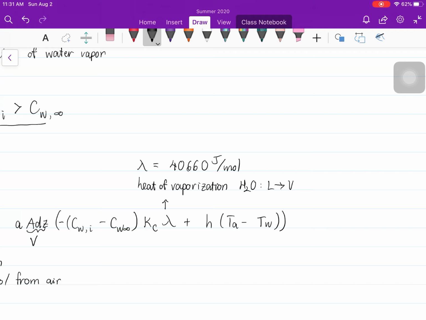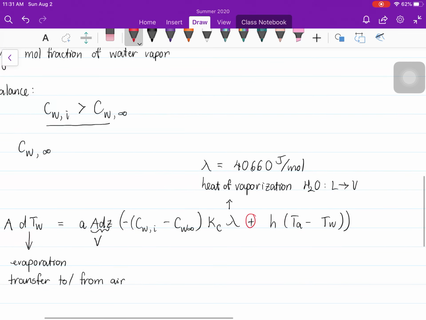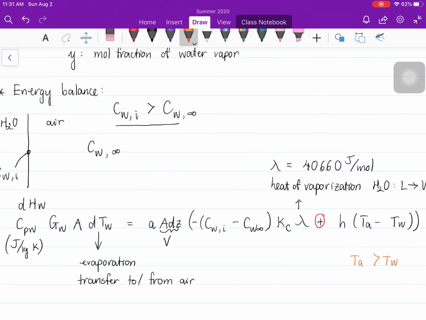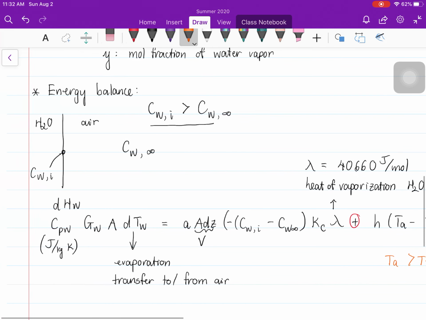The reason we have a positive sign right here is because, let's say the temperature of air is greater than the temperature of water, then we would have heat transfer from air to water, so the temperature of water is increased from top to bottom.